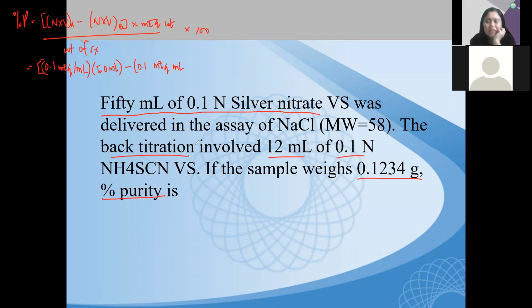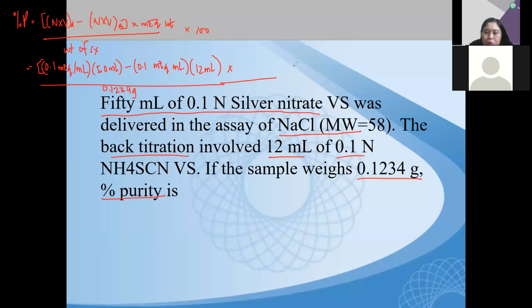As you can see, here is the hint. Pag sinabing back titration na, that's the second titrant na. And then the volume used is 12 ml. And then the weight of the sample, diretso tayo sa weight of the sample kasi given na siya automatically, 0.1234 grams. Sorry, I forgot the milli-equivalent weight. The milli-equivalent weight, what is our sample?